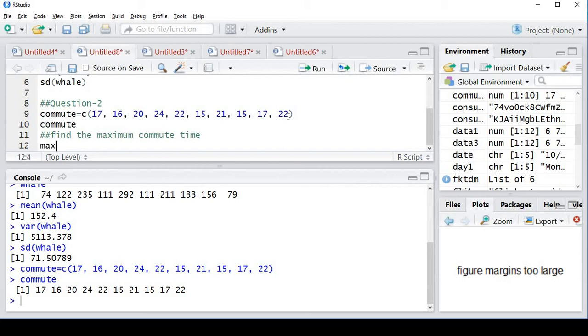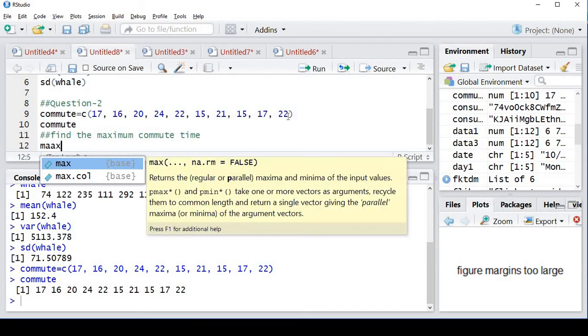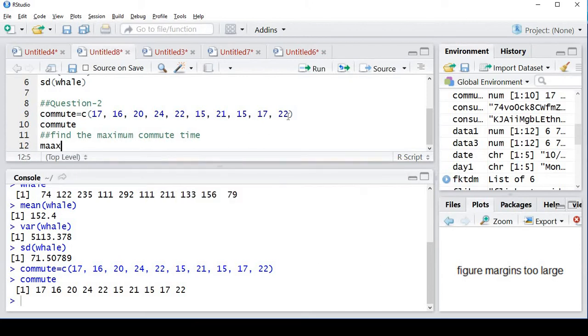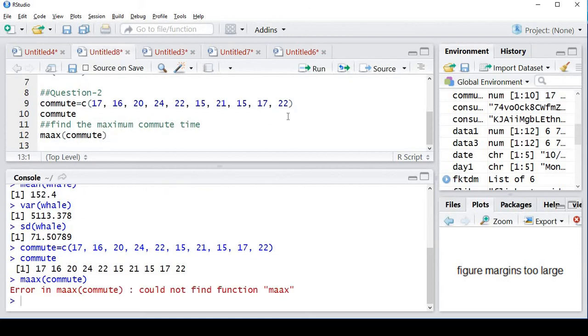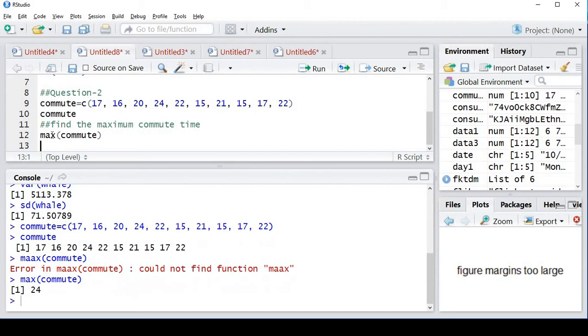The max function. So I say max in brackets commute, bracket close, run it. I have some error. Okay, the error was in this spelling. So I run it again. I get the max commute time, that is 24 minutes.